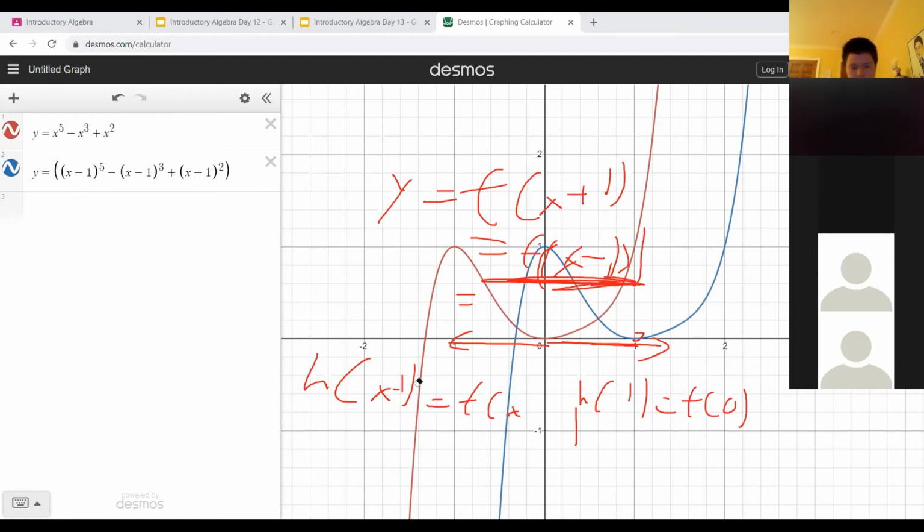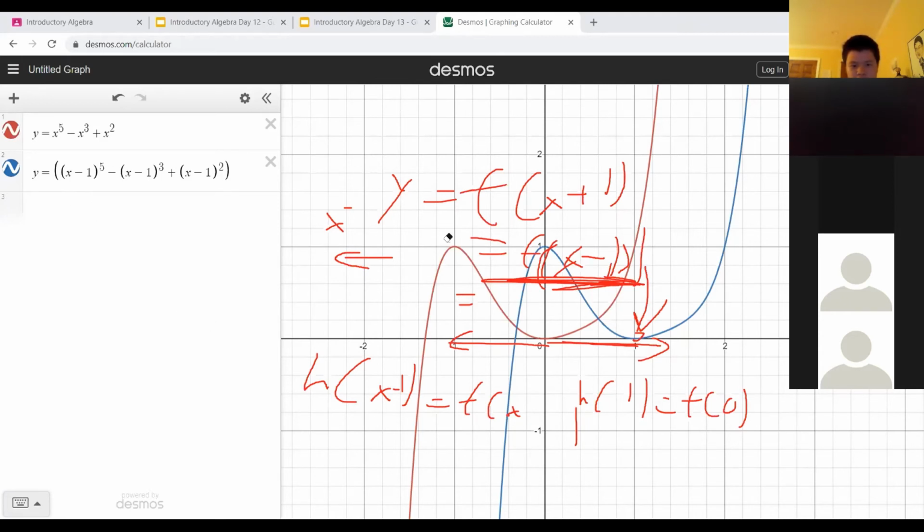Regardless, minus 1 would shift it to the left, but since x is negative, it has to shift to the right to gain the same values it had. So it shifts to the right instead.